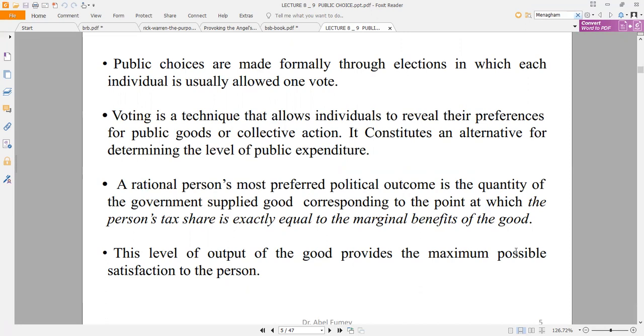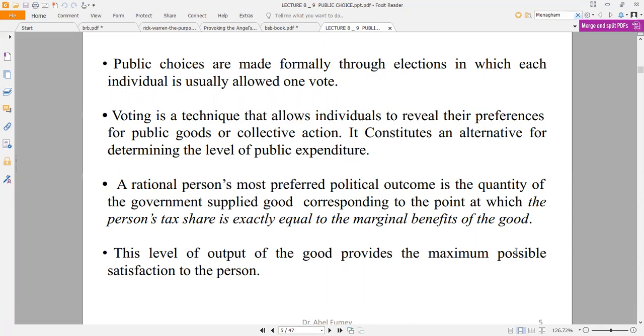So you, the voter or the individual, try to vote for a particular output level. You vote for a particular quantity of that good or service if you know it is going to give you your maximum possible satisfaction. You want to help produce this good because of the benefit, the satisfaction, the utility that you are going to get from this particular good or service.